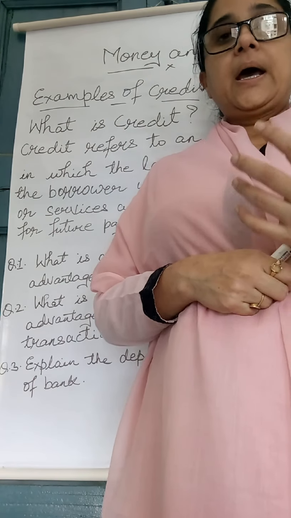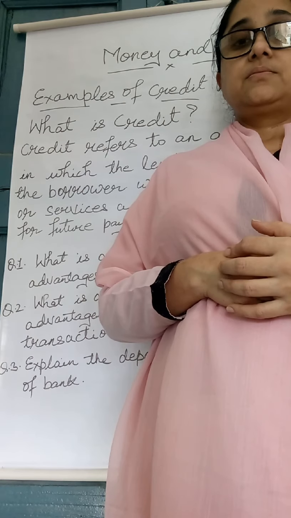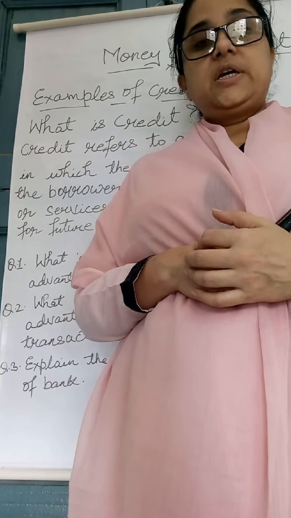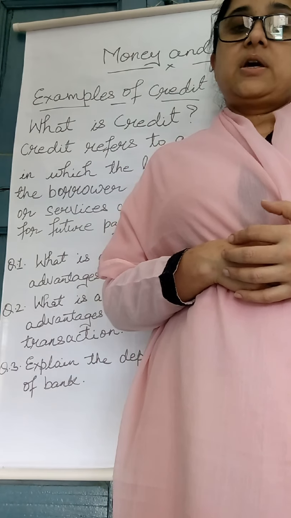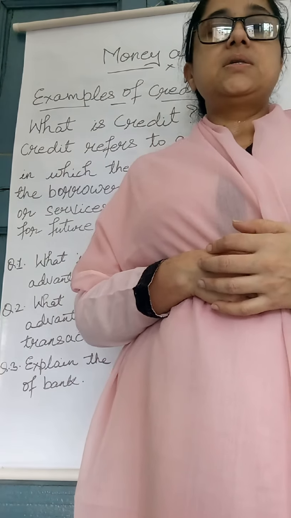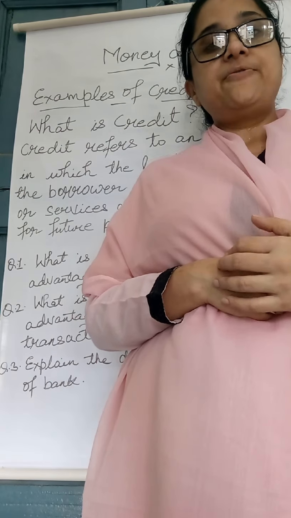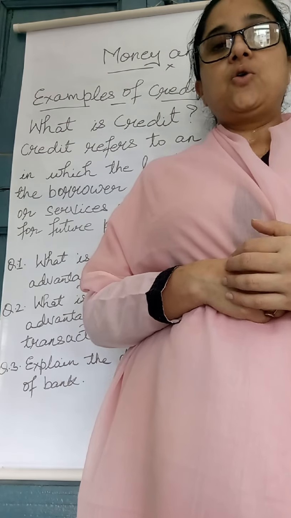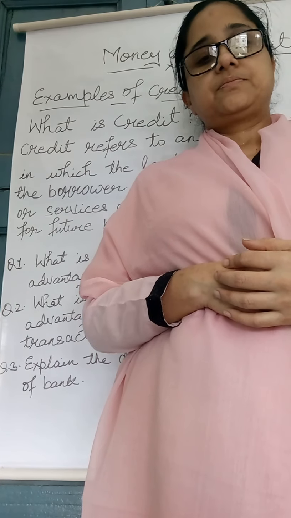Now, what happens when a person takes credit? How does it affect him? To understand this, I will give you some examples. The first example I will take is the positive side of credit, how credit gives benefit to that person.